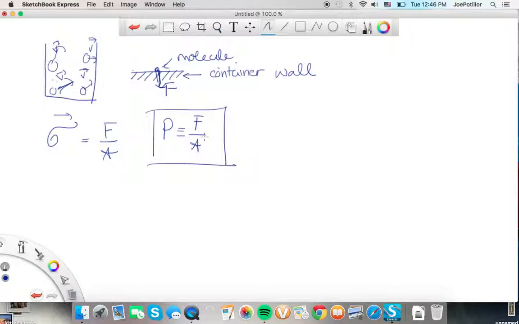Now, of course, you'll recall that I can manipulate this equation and solve it accordingly. Okay. This is pressure. I will give you a word definition here.